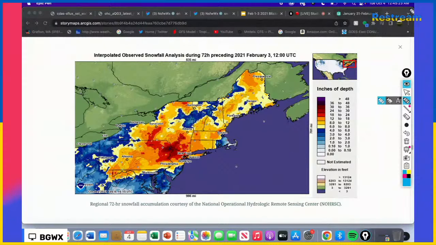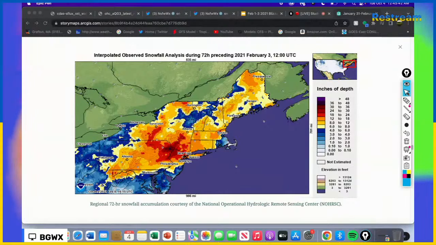But yeah, such a dynamic system this was. Maybe not as dynamic as you would think for these kinds of snowfall totals. It was the low pressure system, but the mid-level dynamics combining with a strong enough low pressure system. I think we got into the upper 980s.